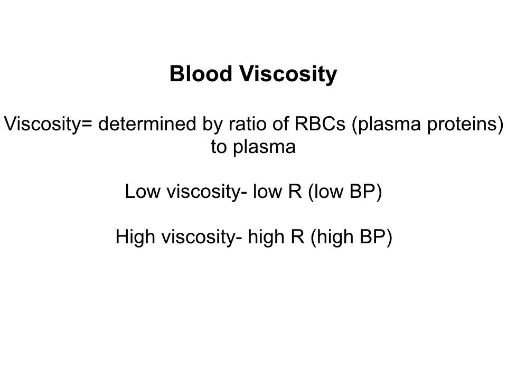Viscosity is determined by the ratio of red blood cells and plasma proteins to plasma. So basically, it's the ratio of solid to liquid within the blood. Now, if your blood has low viscosity, you have a higher amount of plasma and a lower amount of red blood cells and plasma proteins.